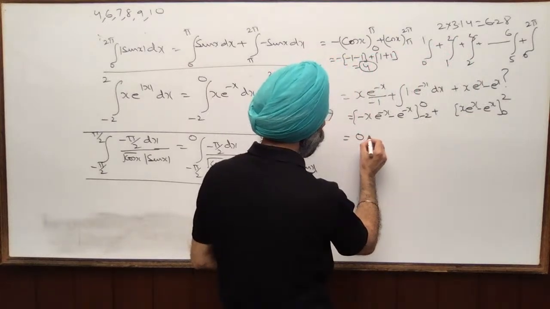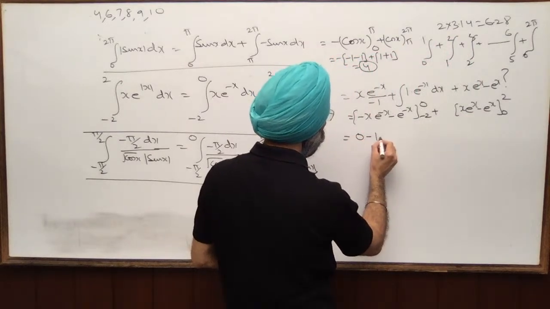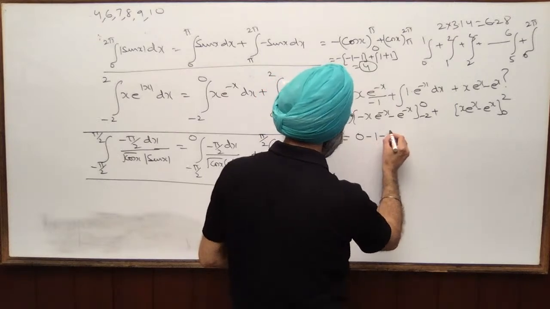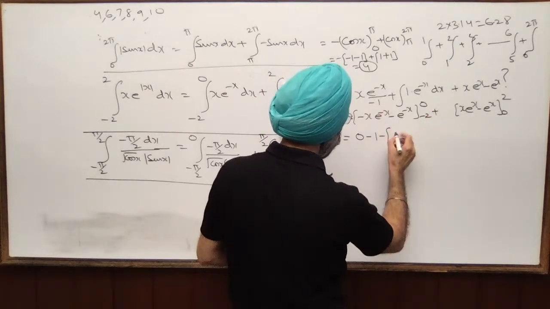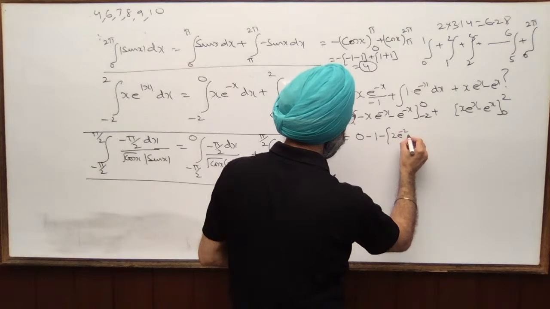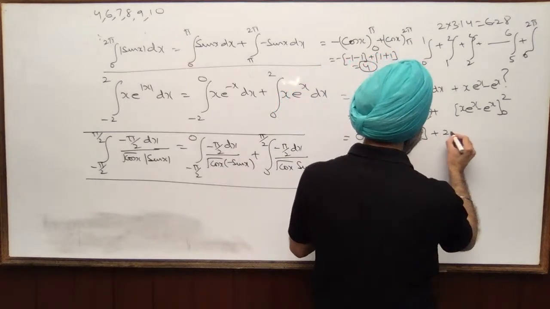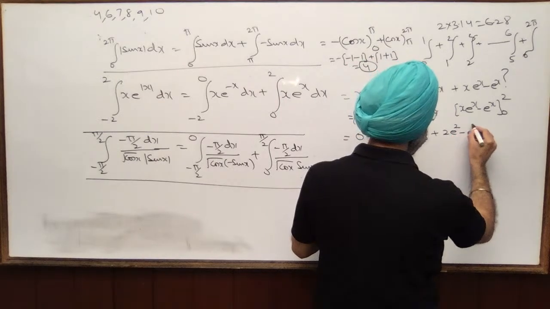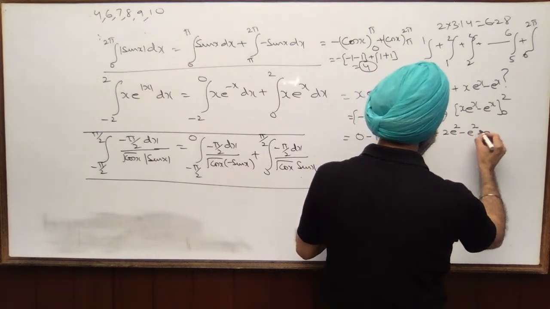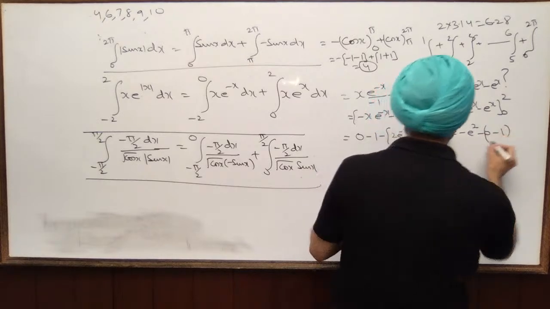So this is 0 minus 1. Now minus bracket 2 e raised to power minus 2 minus e raised to power 2, plus 2 e square minus e square minus 0, and minus 1.